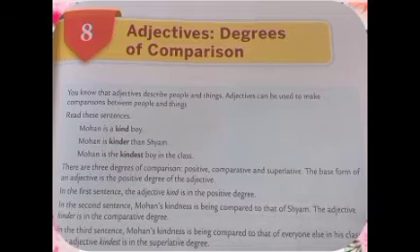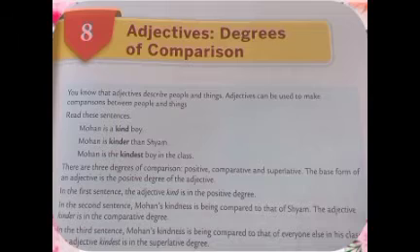What is the superlative degree in these sentences? The third one. See, in the third sentence we used kindest. It is in the superlative degree. So the adjective kindest is used in the superlative degree in the third sentence.